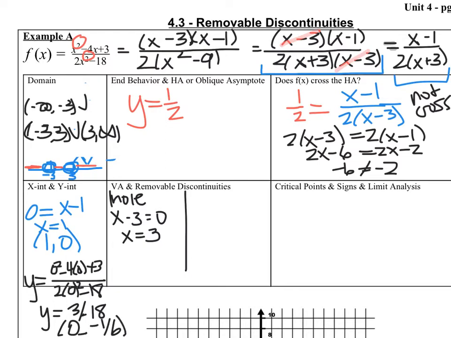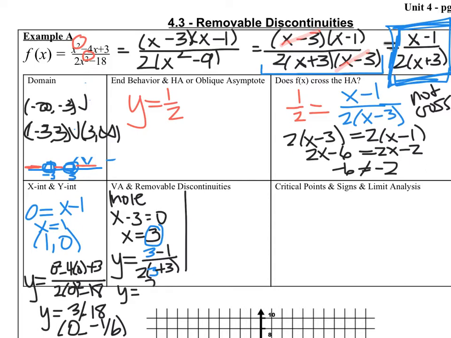Okay, so let's come back to that hole. So what we do to get the y-coordinate of the hole is we plug it in. You see up at the top right, I'm highlighting that simplified equation. So we're going to substitute 3 into that equation. So y equals 3 minus 1 in the numerator, 2 times, substituting in 3 for x, plus 3.